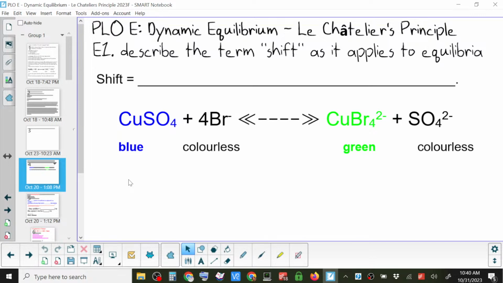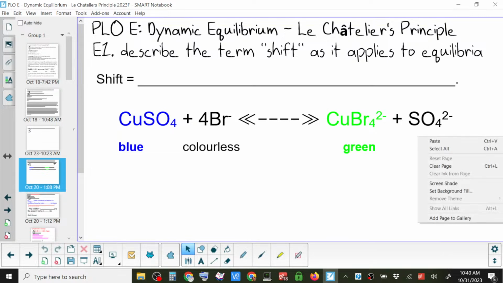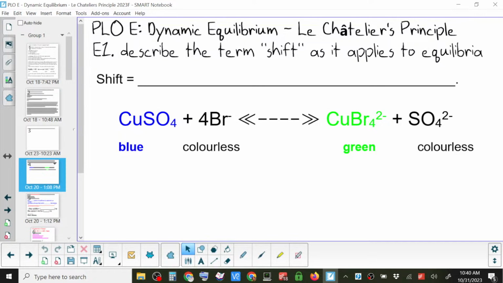What happens to the rate if you increase the concentration? It increases. Which way will it shift if we increase the rate by increasing the sulfate? Reverse. We increase this concentration, that will increase the reverse rate, and then that will have to make up for it, and eventually the rates will become equal again.